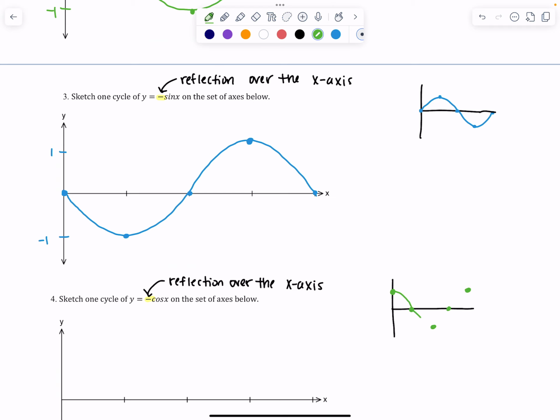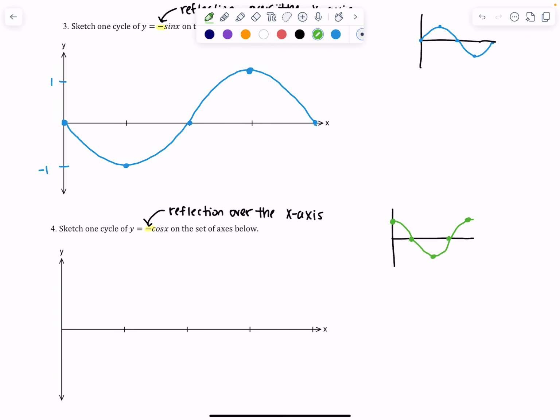If this is one cycle of cosine without a reflection, then that would mean if I'm going to reflect it, my starting point should be at the minimum, then the middle, then the max, then the middle, then the min. So from the bottom to the middle to the max to the midline back to the minimum. And that would be an example of a reflected cosine curve.